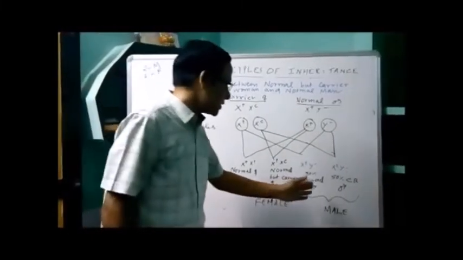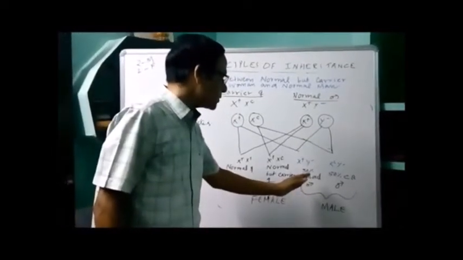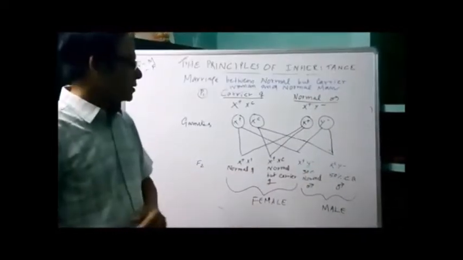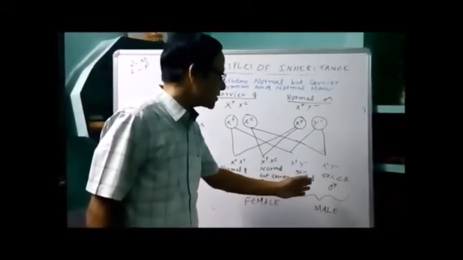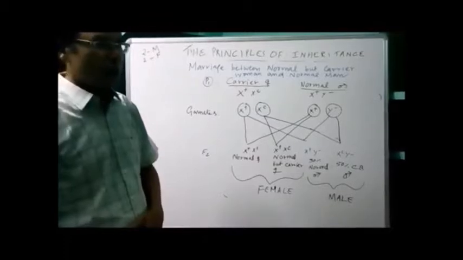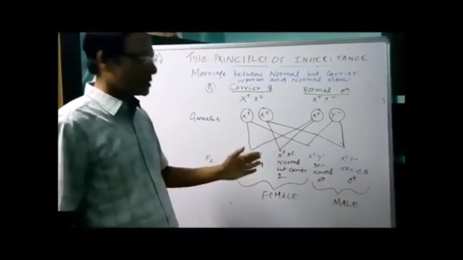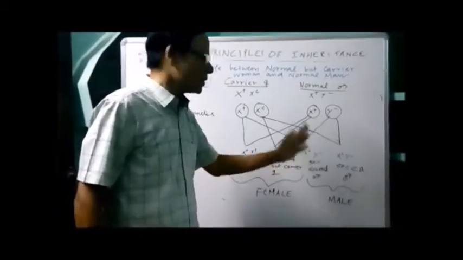In the F2 generation, 50% of the males are normal and 50% of the males are colorblind. That is a 1:1 ratio. So out of 4 individuals I mentioned already, based on sex, 2 females, 2 males.